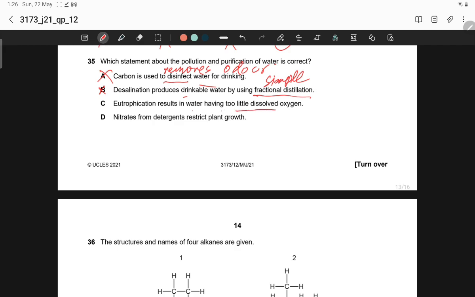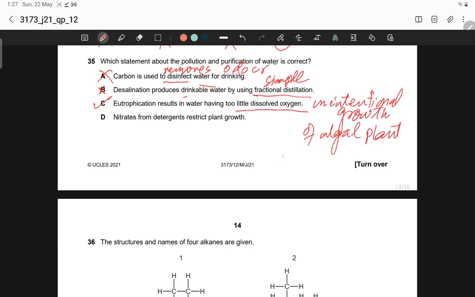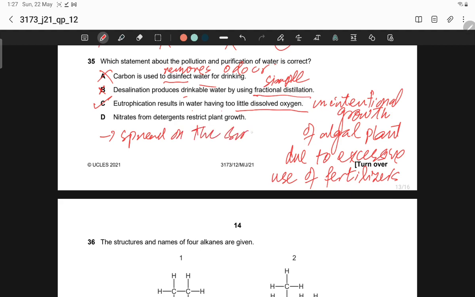Eutrophication results in water having too little dissolved oxygen. Yes, this is correct, because eutrophication is the unintentional growth of algal plants due to excessive use of fertilizers, spreading on the surface of water, covering and blocking sunlight, and using up dissolved oxygen.